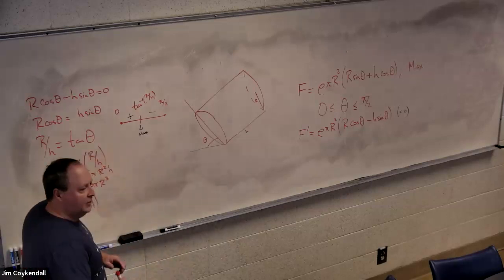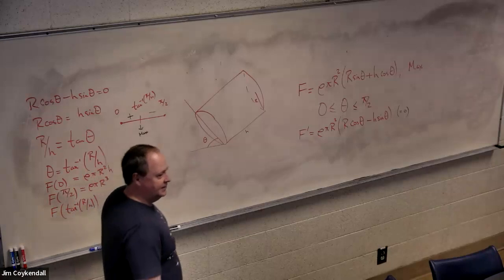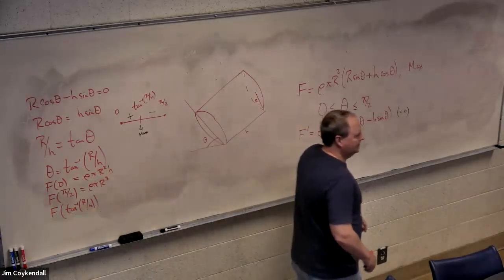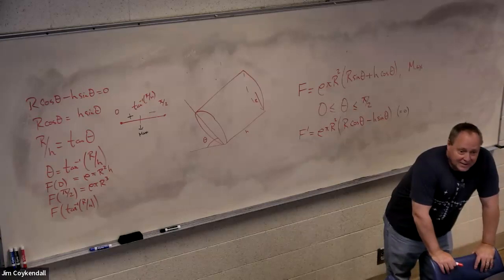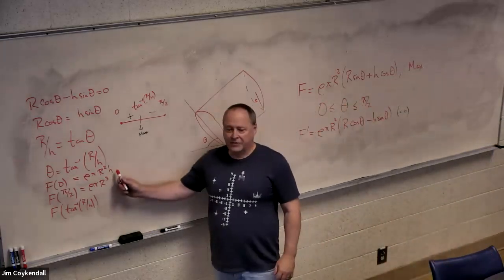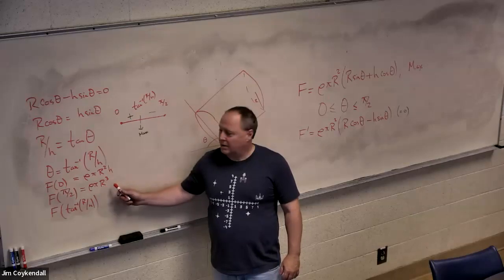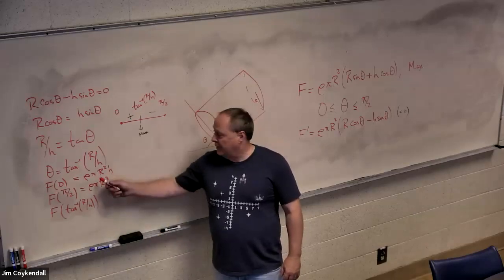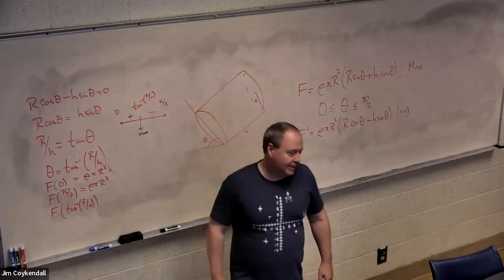By the way, which one of these two is bigger? It depends on which is bigger, h or r. If h and r are the same, this is a tie. If r is bigger, this one wins. If h is bigger, this one wins. But this one's going to be bigger.